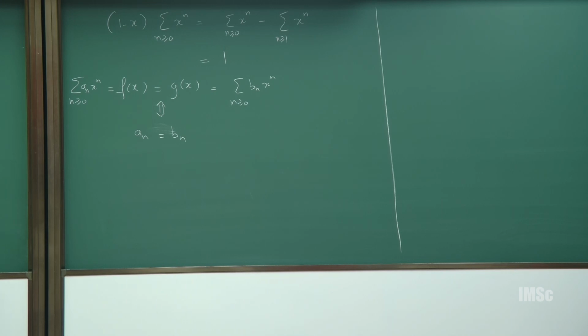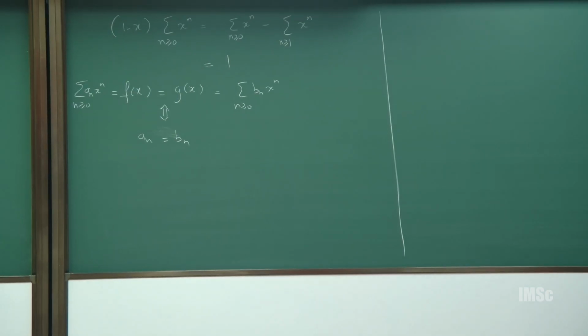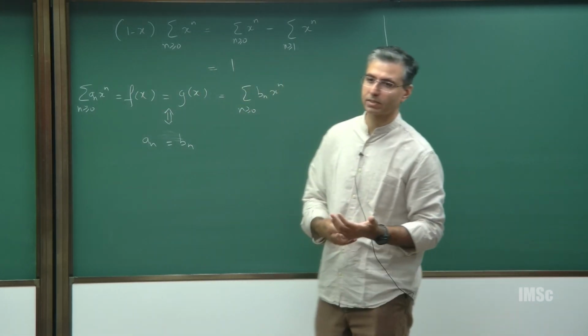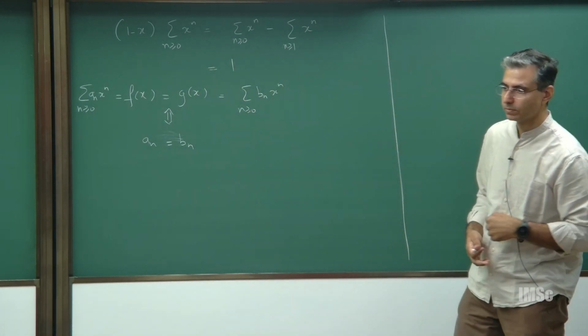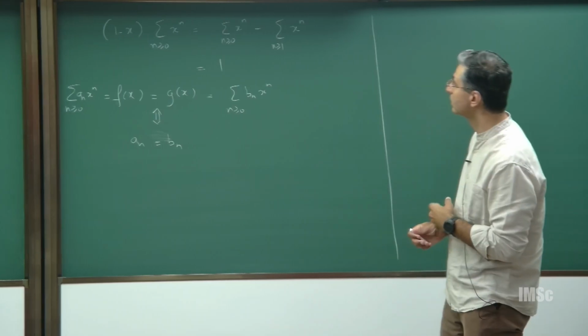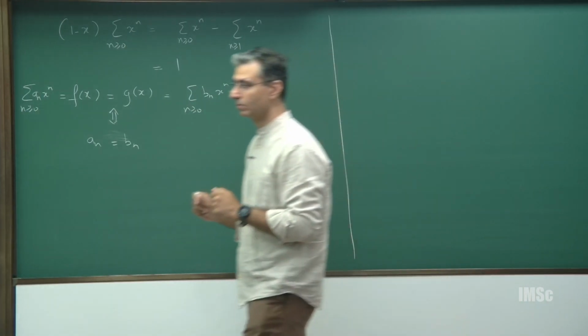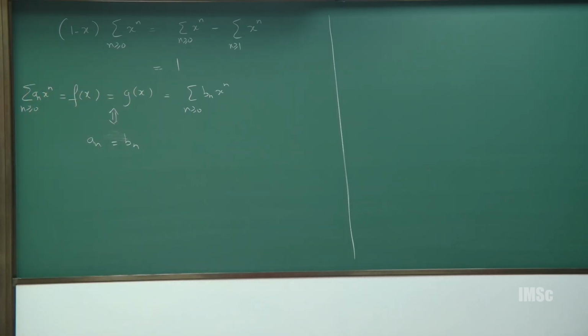We will only play around with that function, multiplying two such functions, adding two such functions, basically only these kinds of operations: addition, subtraction, multiplication. This is fine. Any questions?